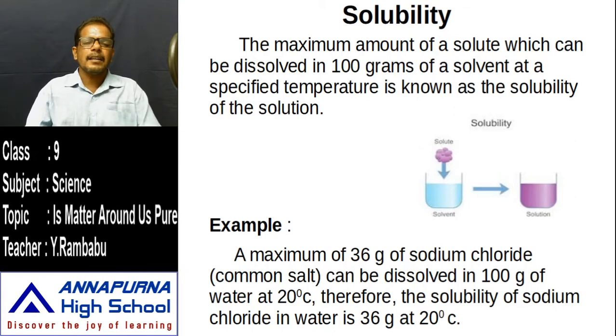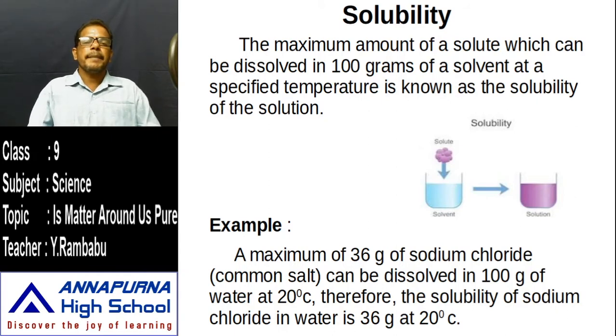For example, in 100 grams of water at 20 degrees Celsius, the maximum amount of sodium chloride dissolved is 36 grams. That's why the solubility of sodium chloride in water is 36 grams at 20 degrees Celsius. Like that we express this solubility.